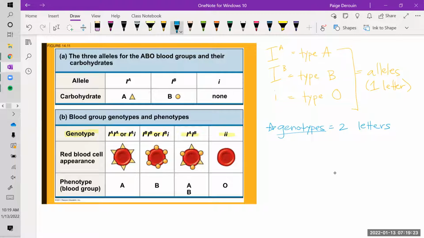So this is why if you're a type A person, you can't get a transfusion of type B blood because your immune system, like we talked about before break, will recognize that these glycoproteins are foreign to you. And they'll freak out and you'll go into septic shock and you could die from getting the wrong blood transfusion. So super bad. This is also why type O can donate to anyone because their blood cells are like stealth mode. Like they don't have anything on them.